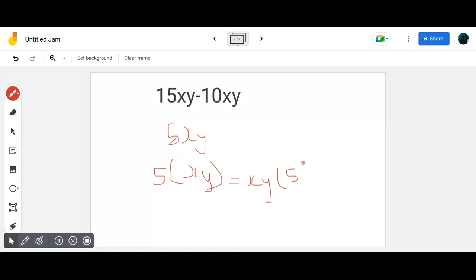So it's the same thing. And if I also decide to use y, 5 into 5xy is going to be 5x, right? Either way, you're going to attain the same answer.